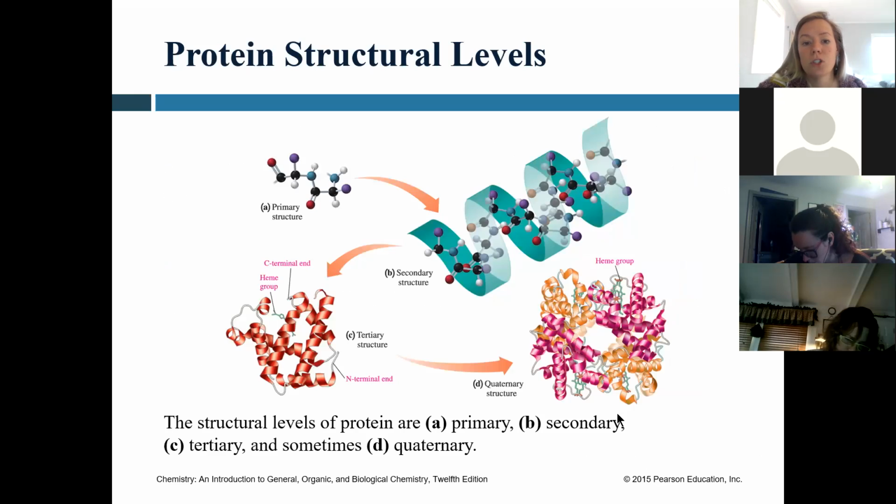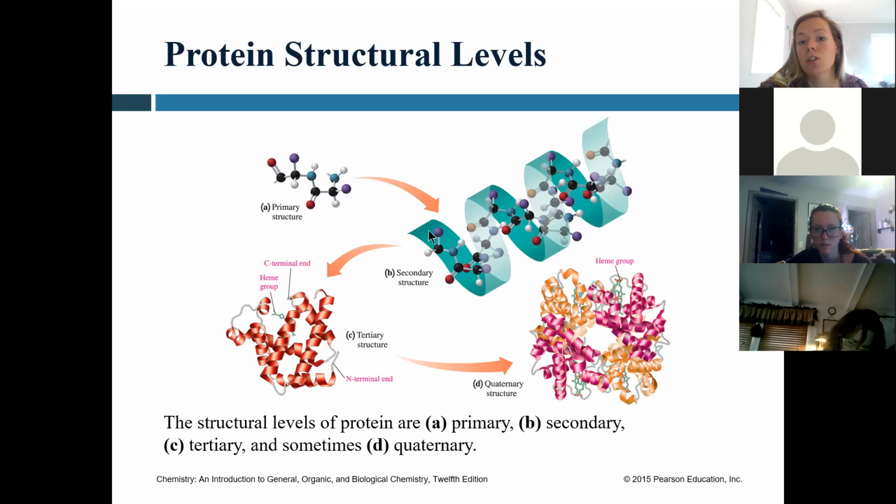So here this shows us the whole setup. We've got our primary structure, which is the single amino acids that are getting stuck together in a chain by peptide bonds. Long chains are not very efficient for storage, so it's much more efficient to curl them up or pleat them.